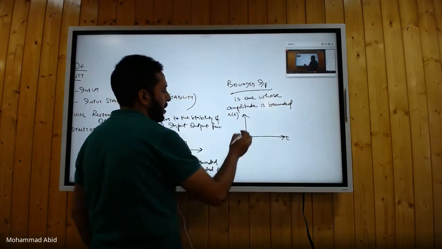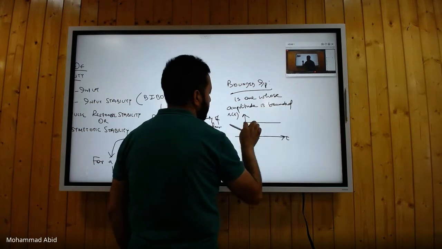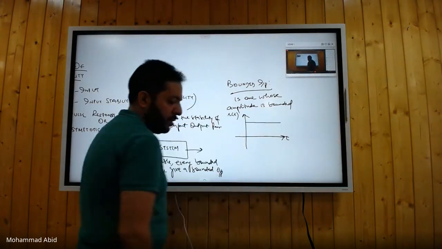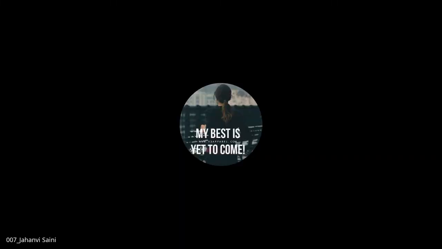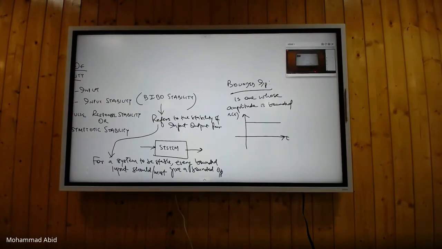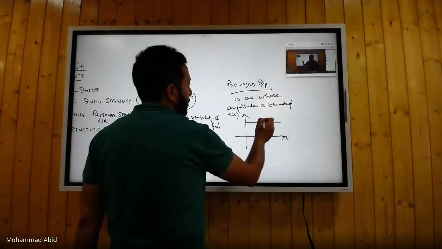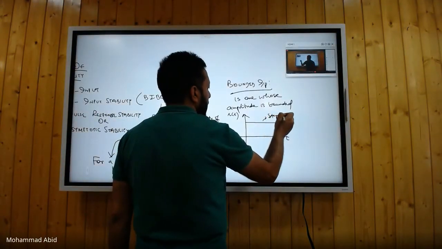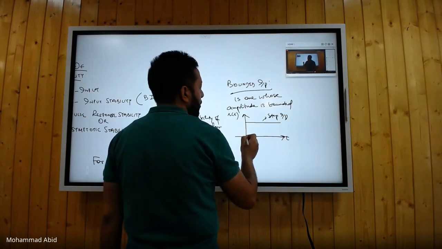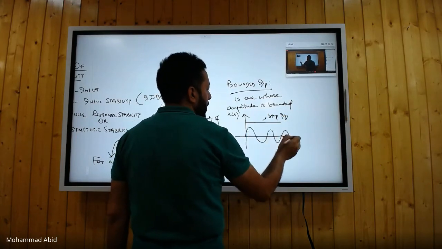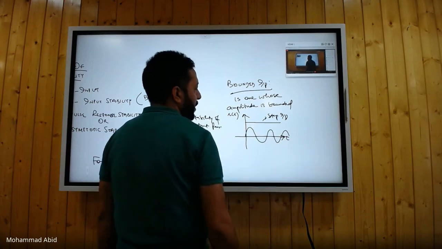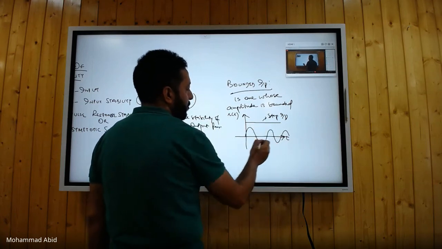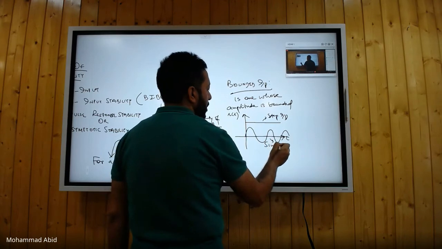Tell me what is the bounded input. Give me some example of a bounded input. A sin omega t. Step input is a bounded input, right? Your sine input is bounded because its amplitude is bounded. These are all, both of them are bounded inputs, sinusoidal input, step input.